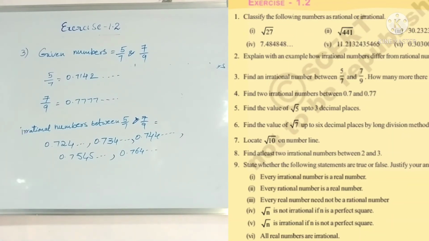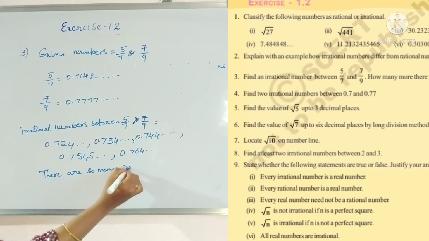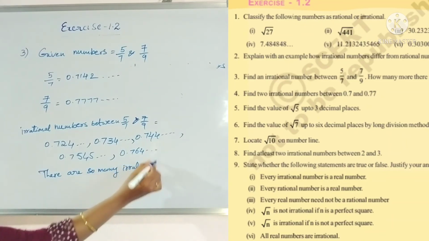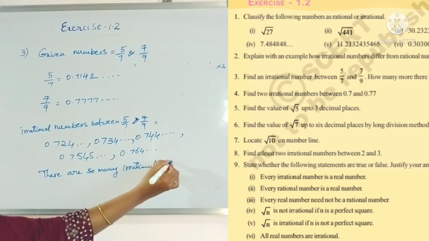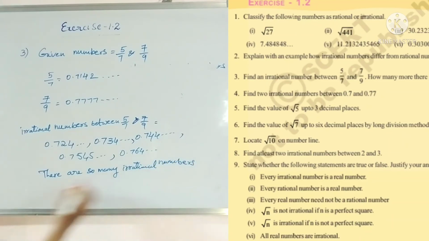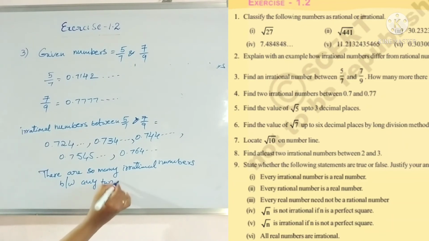In the question, our second part is how many more there may be. They ask you to find just one, right? So there are so many irrational numbers between any two rational numbers.